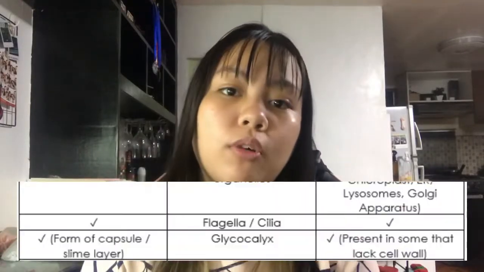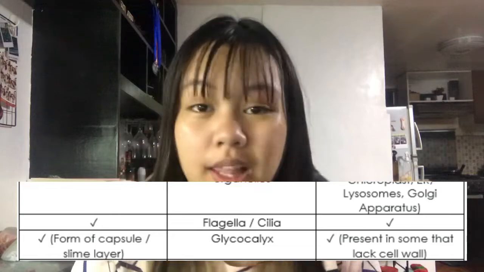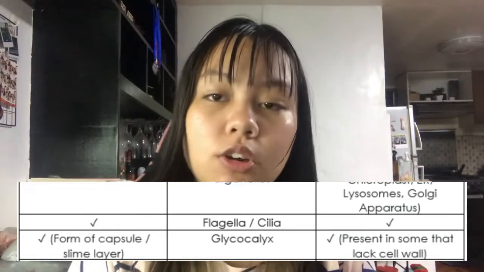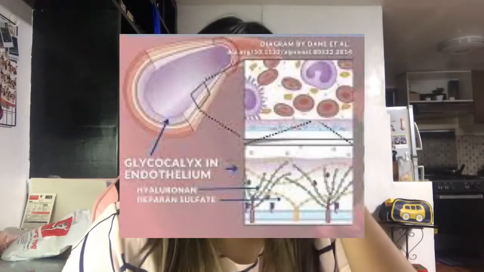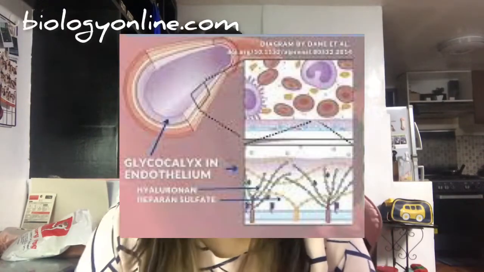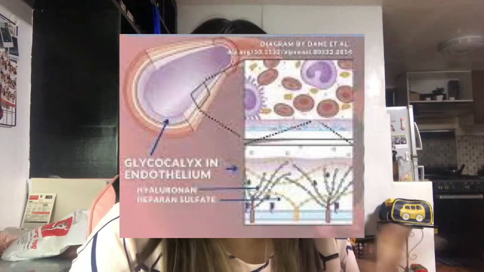bacteria. Now, this also has a glycocalyx, and this goes in the form of a slime layer or a capsule. A glycocalyx is a dense gel-like meshwork that surrounds the cell, and it plays an important role to prevent the entry of pathogens into the cell.